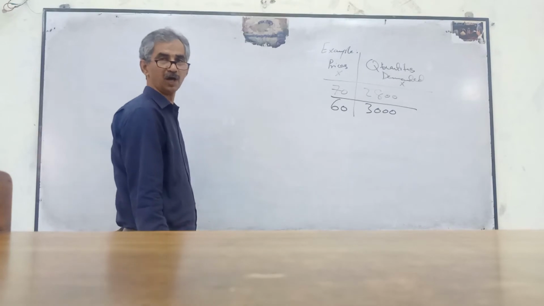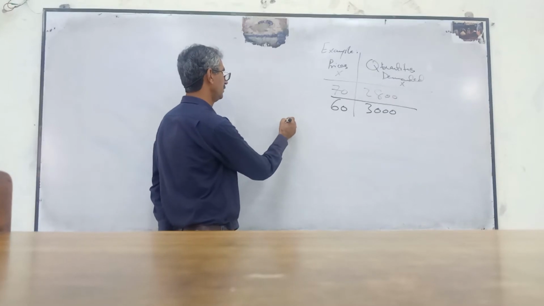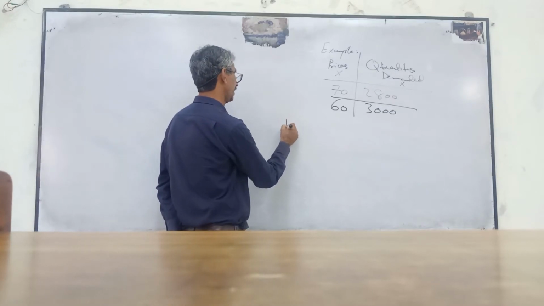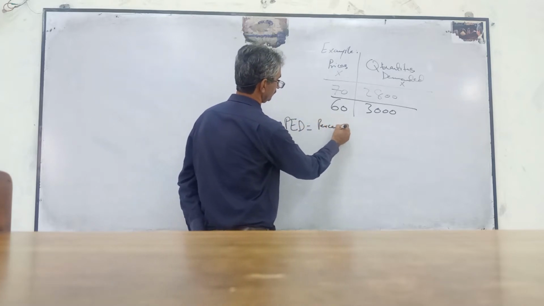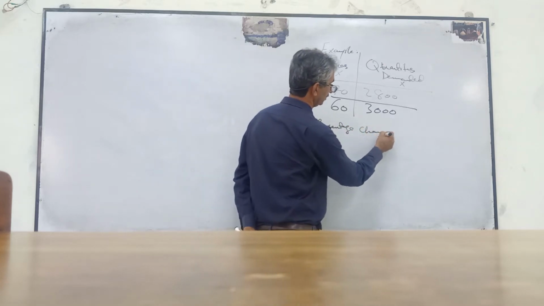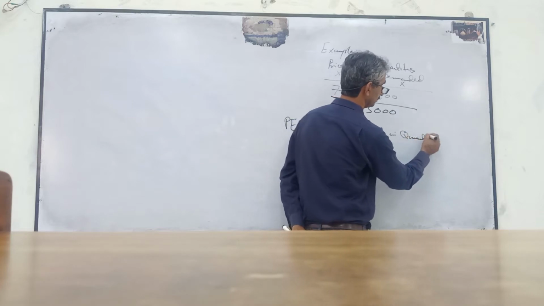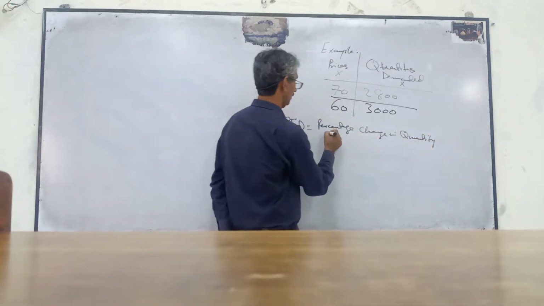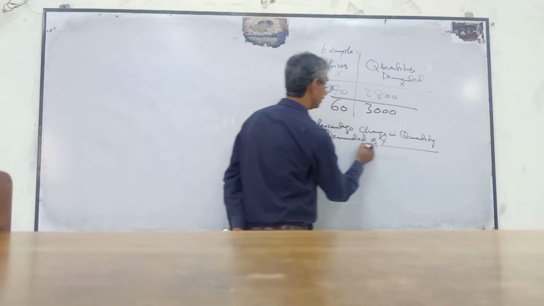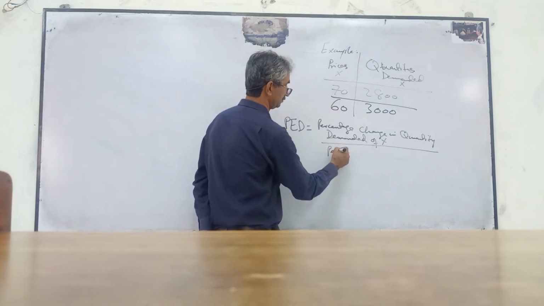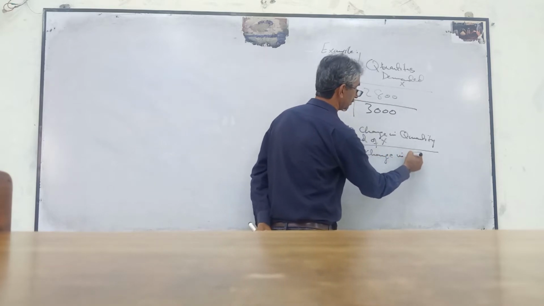So there are two formulas to calculate the price elasticity. One is the percentage formula: price elasticity of demand equals percentage change in quantity demanded of X divided by percentage change in price.